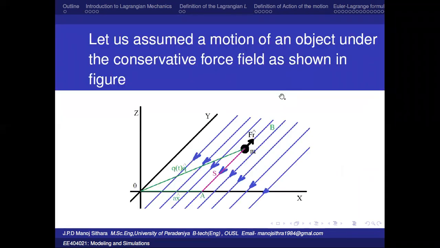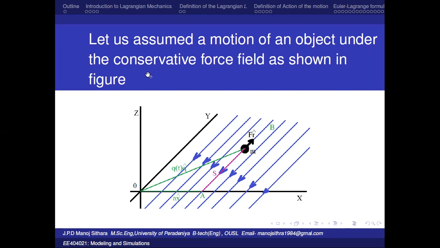So let us assume the motion of an object under a conservative force field. That means a conservative vector field. Force field is also a vector, no?